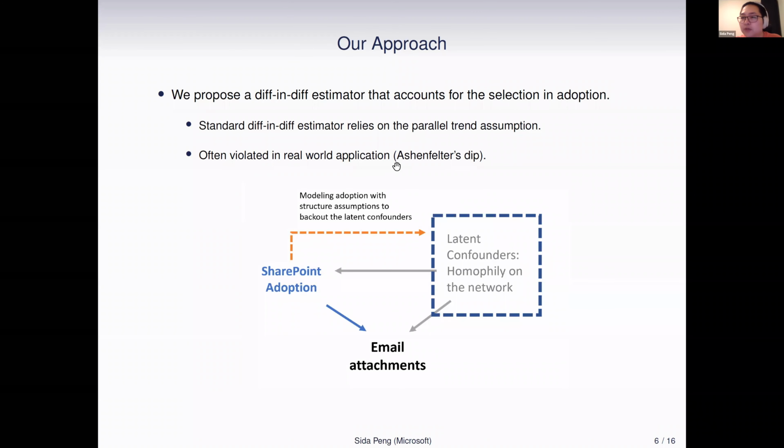Even in the previous paper I was mentioning, there's a famous paper defining this as the so-called Ashenfelter dip, where they observe that right before people take up the unemployment insurance program, there is a dip in their income beforehand, compared to the people who never adopt the unemployment insurance. So this is exactly the violation that we are talking about. We are trying to account for those selections.